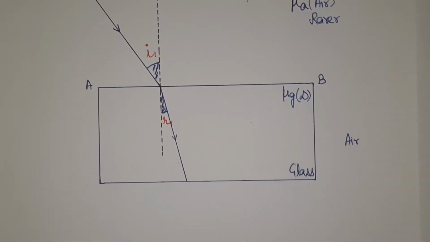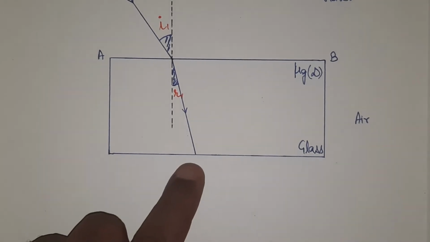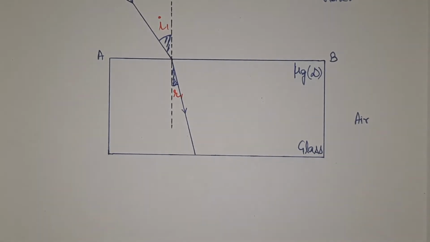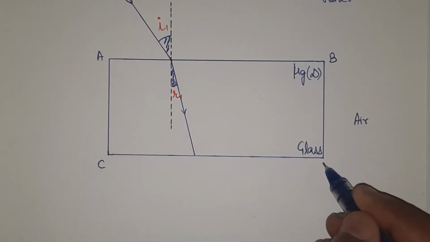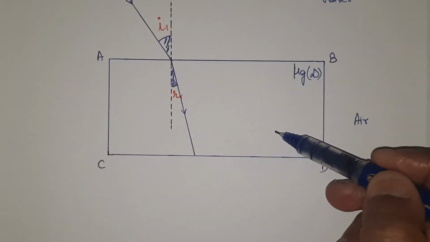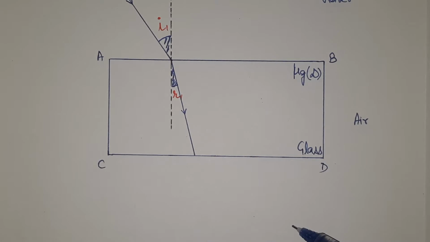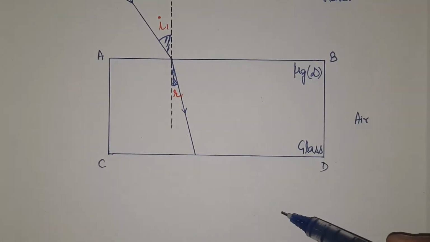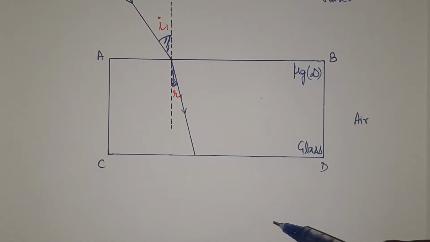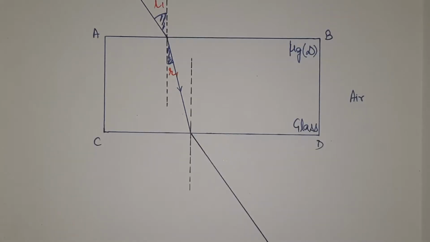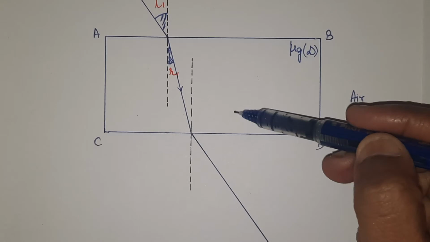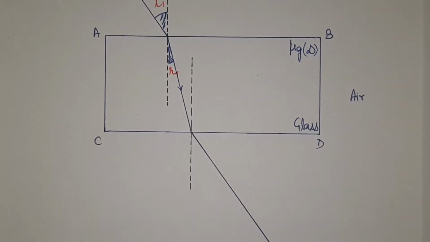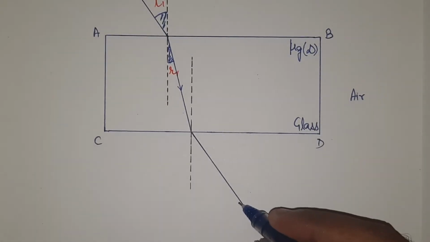Now as this ray strikes the second face, say CD, the ray will be going from denser to rarer medium. So when it goes from denser to rarer, it will be moving away from the normal. This ray is going from glass to air, that is denser to rarer medium, so going away from the normal.